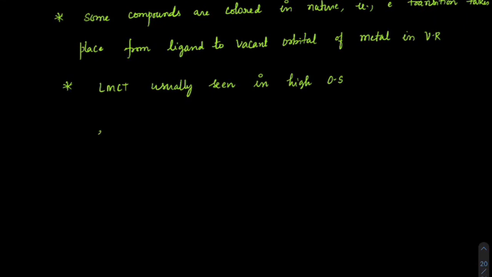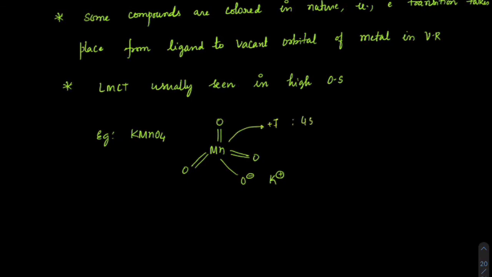For example, the best example है KMnO4. If you check out KMnO4 here, manganese will have double bond O, double bond O, O minus and K plus. Manganese is at +7 oxidation state, which means it is 4s 0 and 3d also 0. So there are no unpaired electrons here, correct?